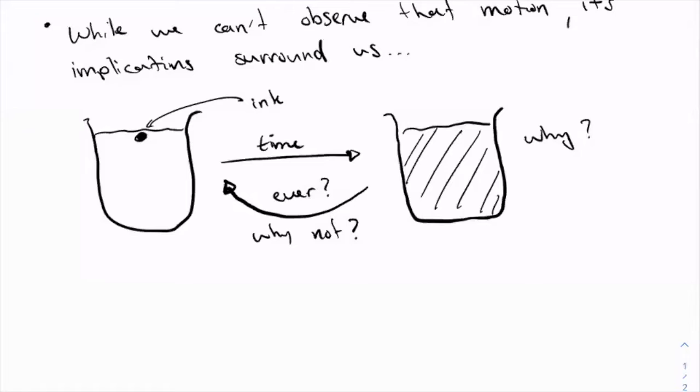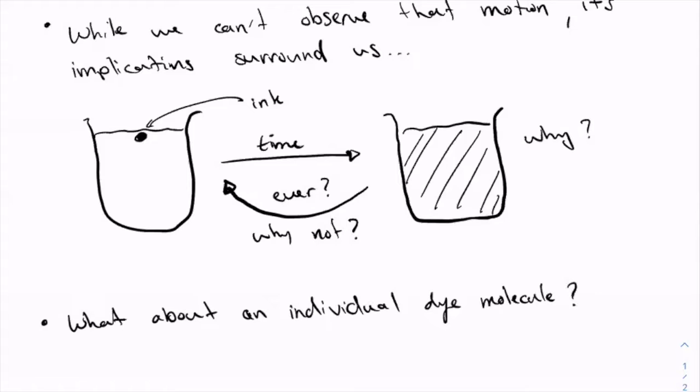What if we were able to actually follow an individual dye molecule? Would this apparent irreversibility, this apparent directionality to time, be as evident? So we can't, unfortunately, see individual dye molecules, but I know how their motion proceeds, at least a reasonable approximation to its motion.